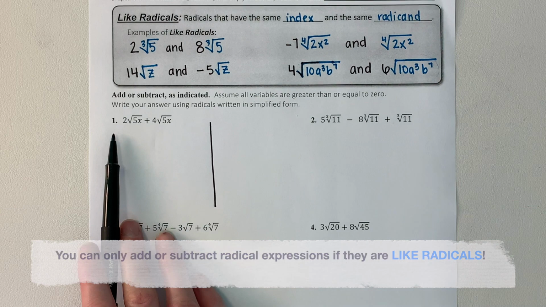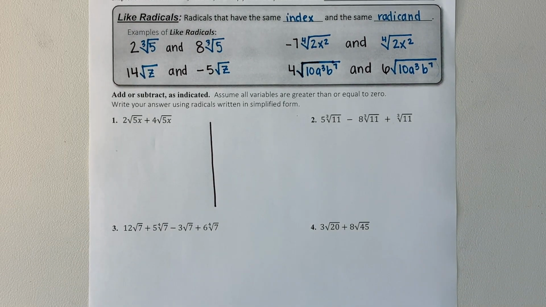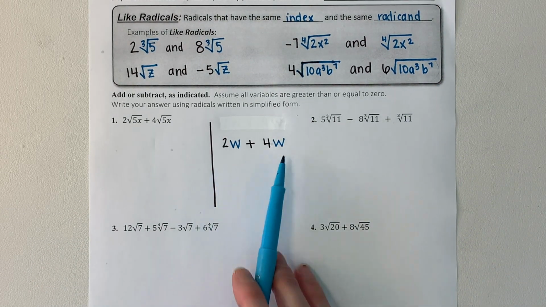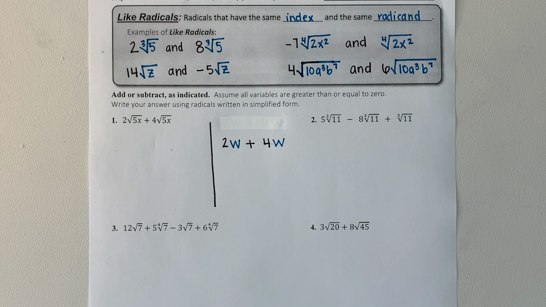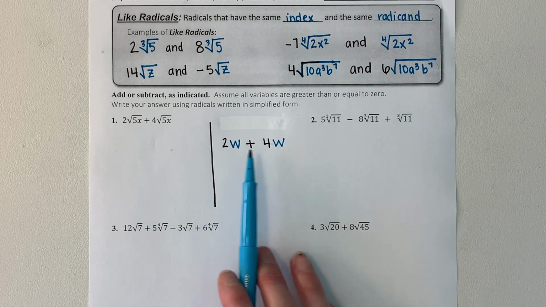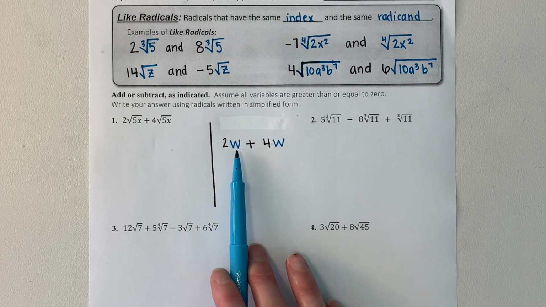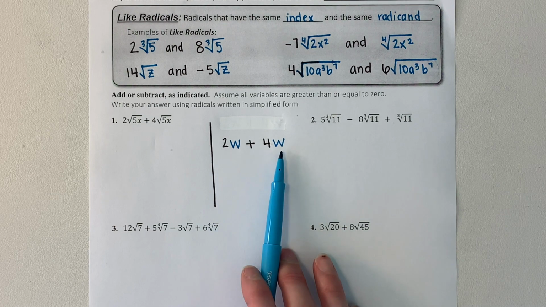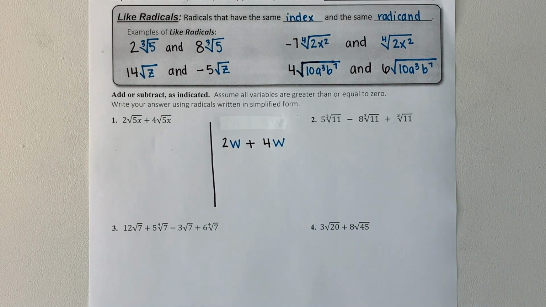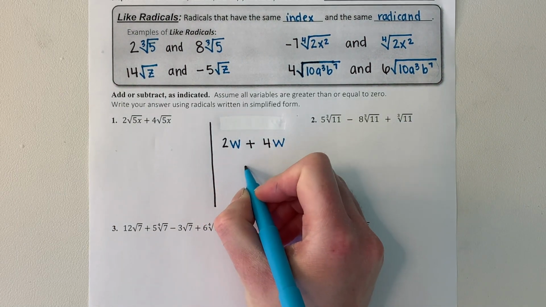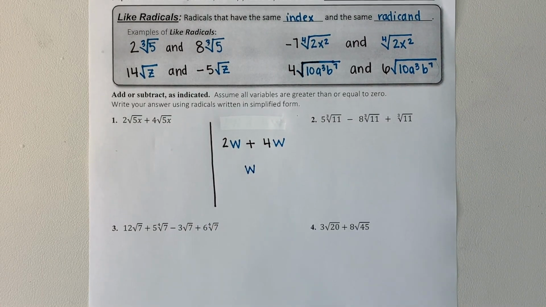Before we attempt problem 1, we're going to look at a related example. Let's look at this problem here. With expressions involving variables, you can only add or subtract like terms. These are like terms since they have the same variable base. The variable base for both of these is a w. And to add like terms, we keep the variable base, which is a w, and we add the coefficients.